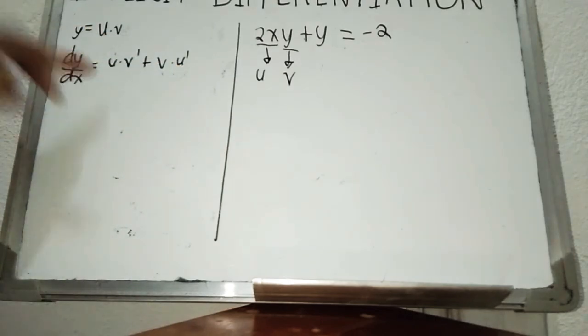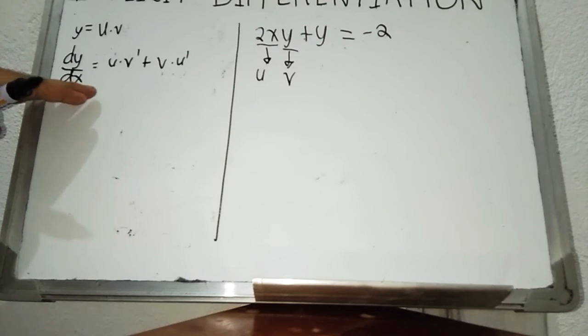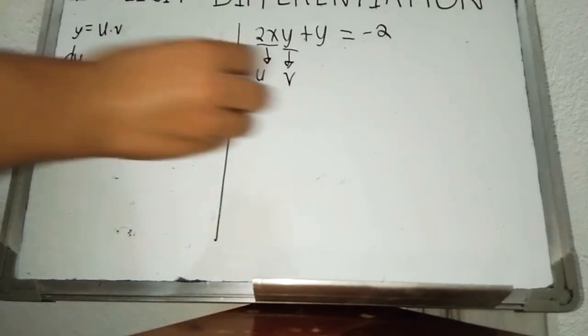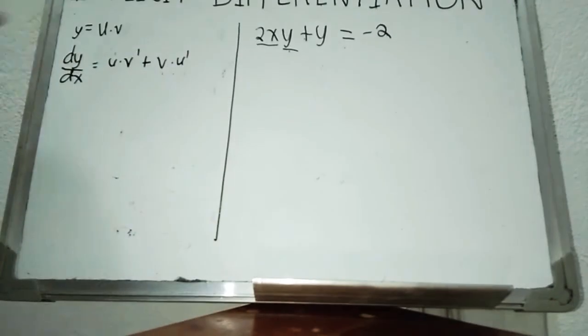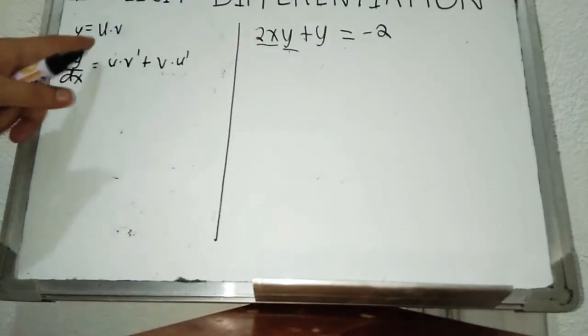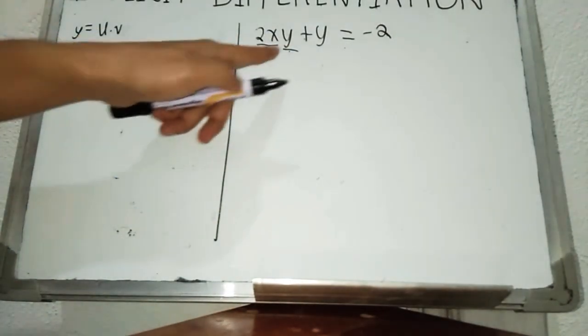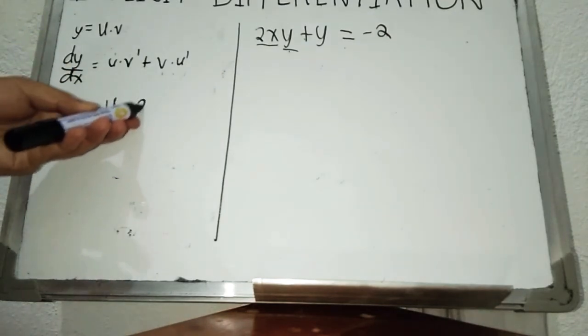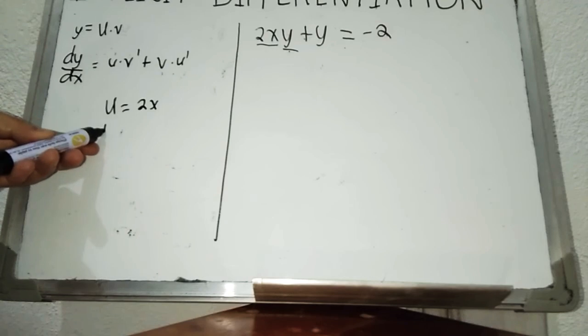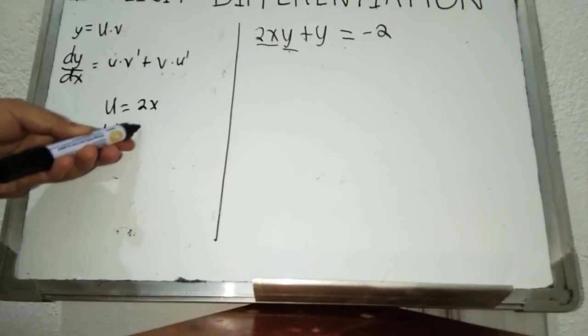So we are going to make use of this formula in finding the derivative of the first term. So at this point, our u is equal to 2x and our v is equal to y.